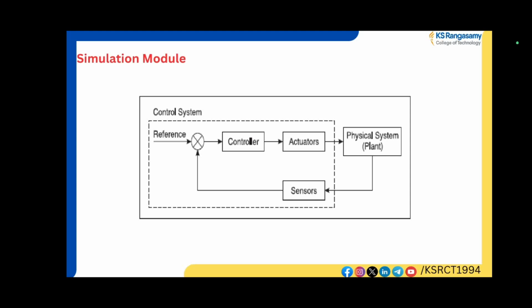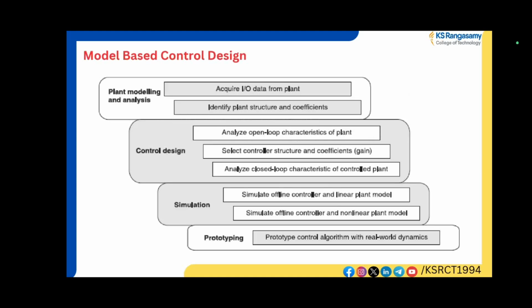That actuator makes the physical system move towards the reference input. If there is any deviation in this error detector, it will adjust the plant operations towards the reference input.